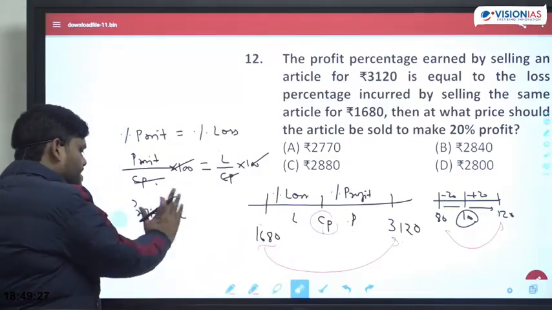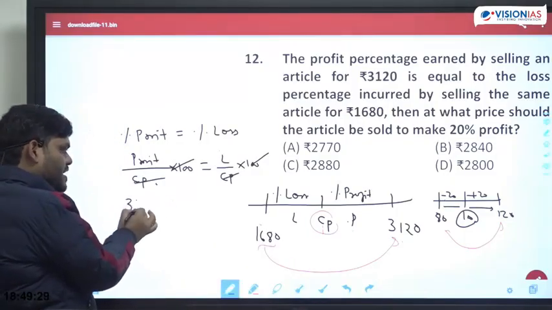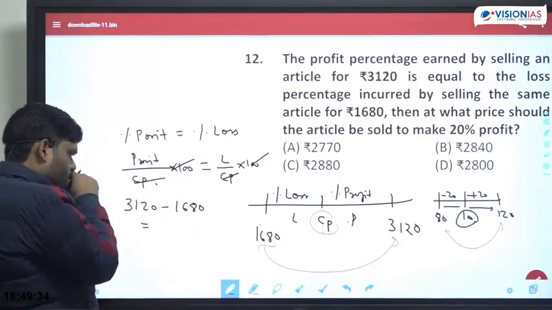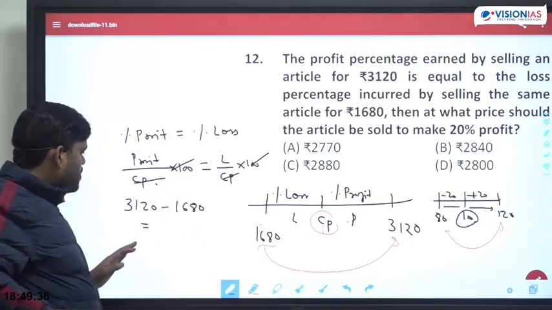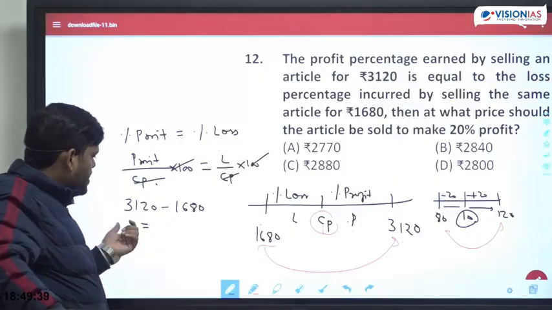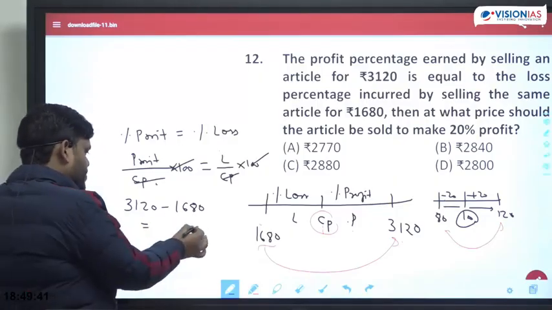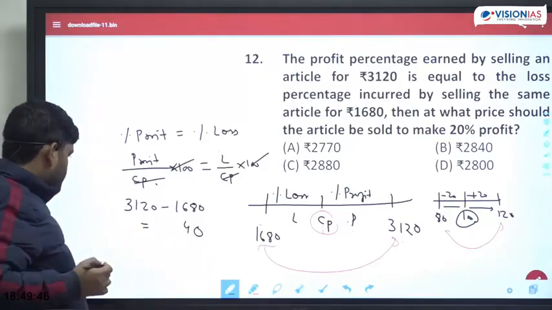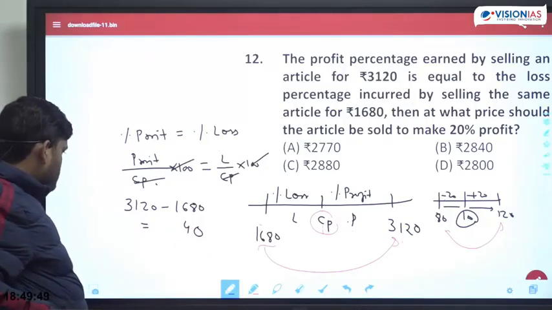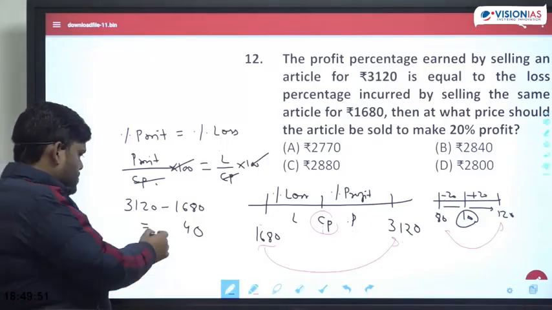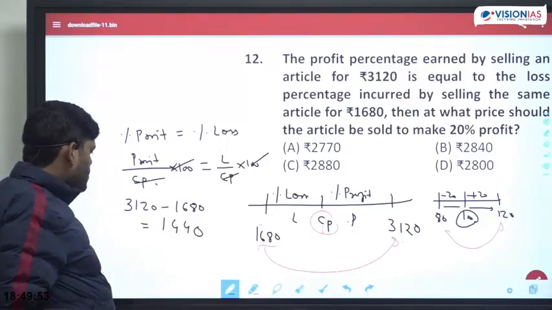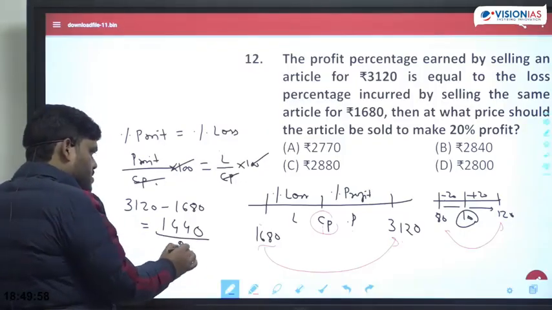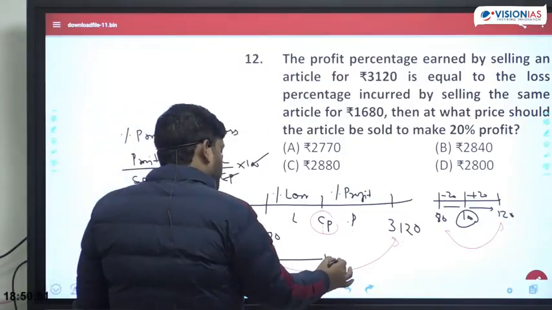How to find the middle of this? Simply we can take 3120 minus 1680. The difference of these is 1440.